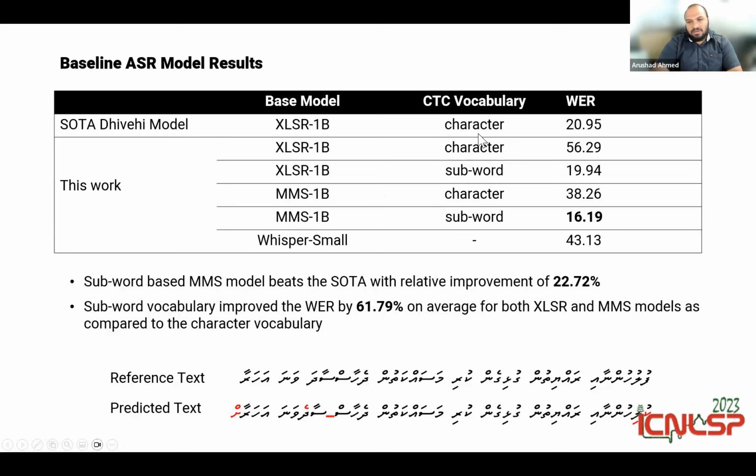Also, we can see Whisper Small generally performed worse compared to the subword-based CTC models. Here you can see a sample utterance that has been transcribed using the MMS-based subword model, and you can see only a few errors in the predicted text.